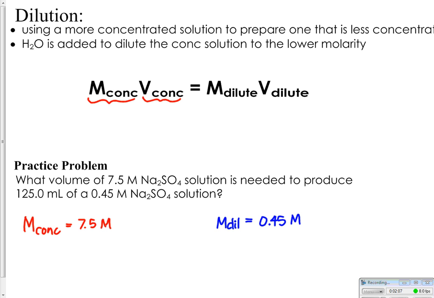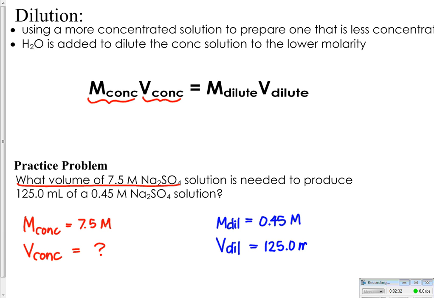Now, if we pair this up properly, we want to know what volume of the concentrated solution we need. So the volume of our concentrated solution is our question mark, and we know that we're using 125 milliliters of the dilute solution.